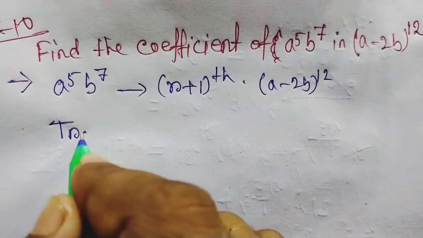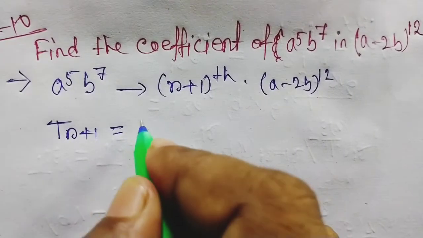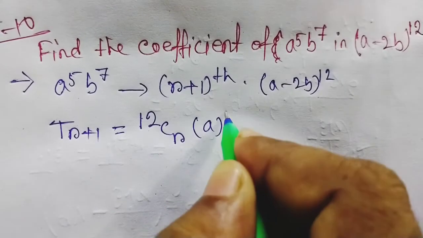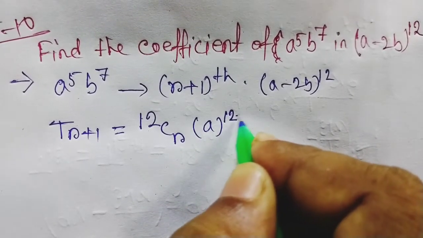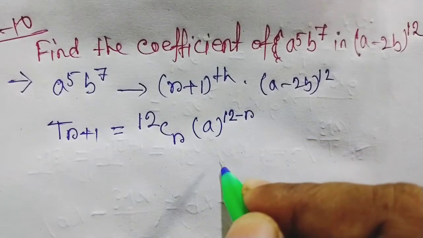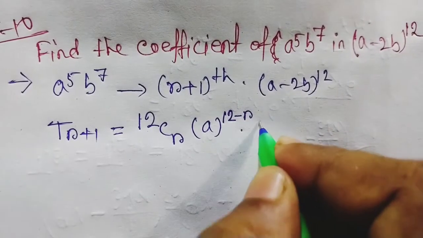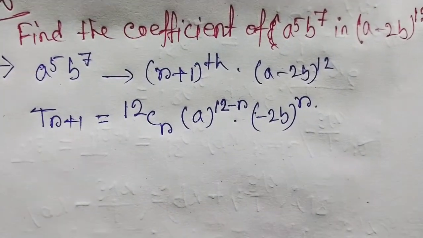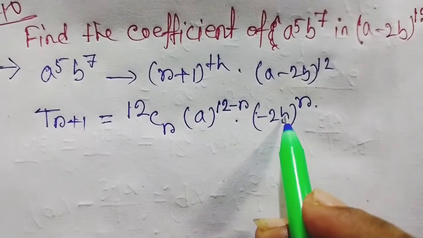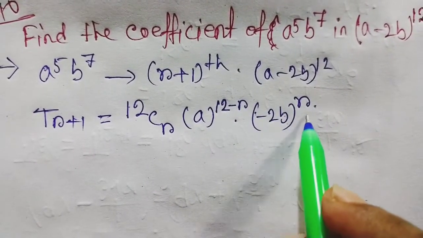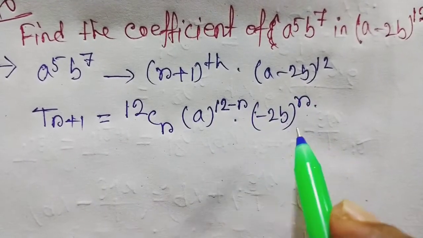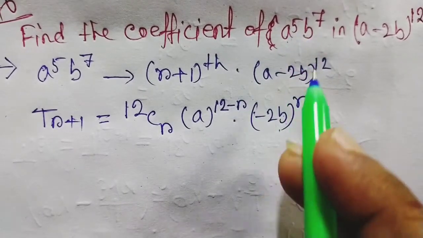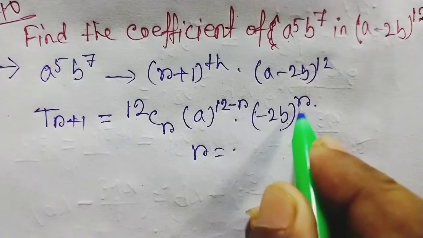So T(r+1) equals 12Cr a to the power 12 minus r, and (-2b) to the power r. Comparing the indices of a as well as b in a^5 b^7, it's clear that r is equal to 7.